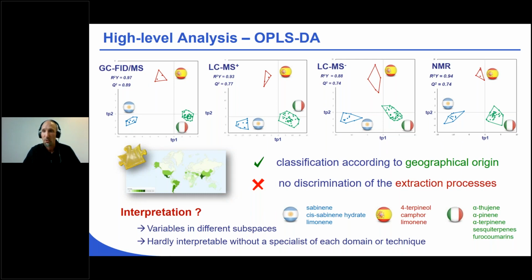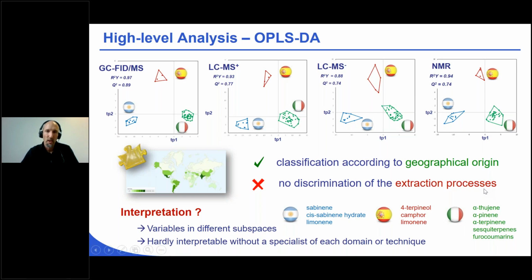surprised to see that actually the geographical origin was quite easily discriminated using single data blocks, single techniques. You can see that with all the different strategies, either GC, LC, positive or negative modes, NMR, all the techniques allowed quite easily to distinguish the geographical origin.